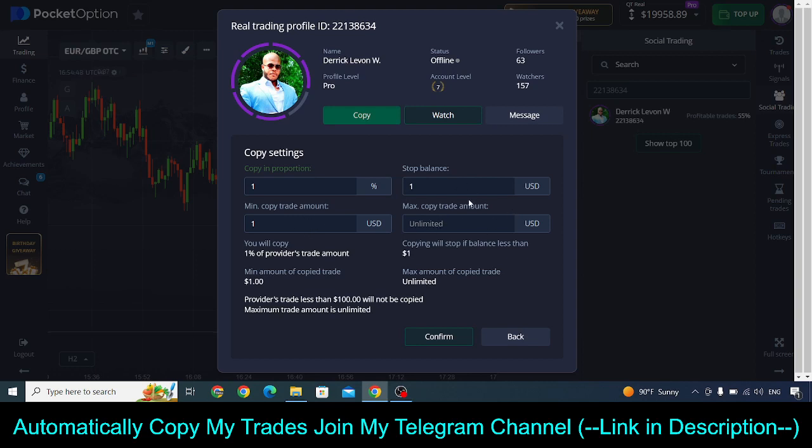If any of these 3 boxes are increased or decreased, then this problem starts to happen again and again with everyone. So that's why don't touch anything here. Okay, only increase or decrease this copy trading proportion and then click on confirm and you will start to copy my trades automatically into your Pocket Option account.